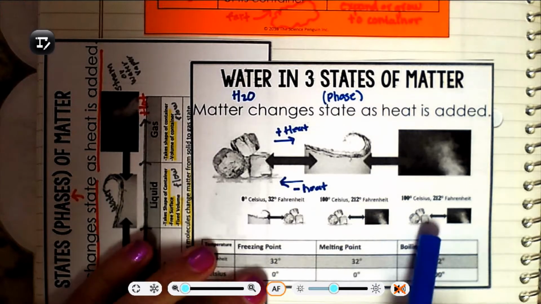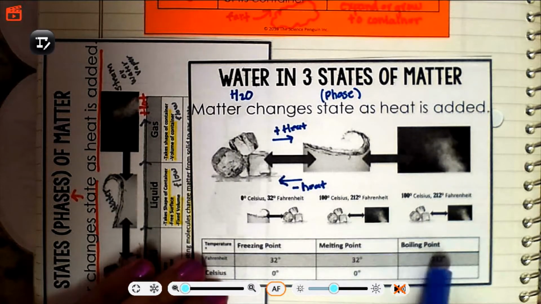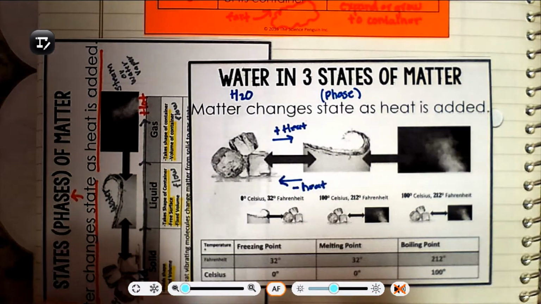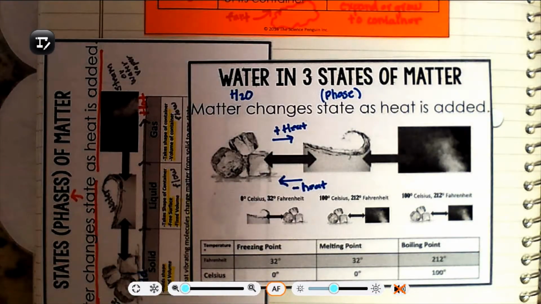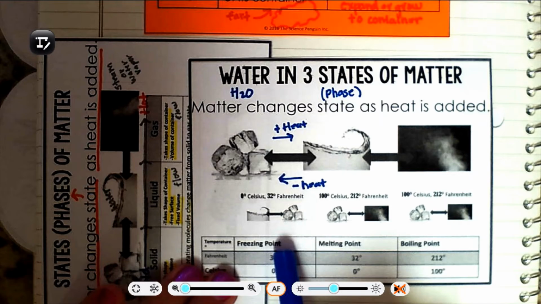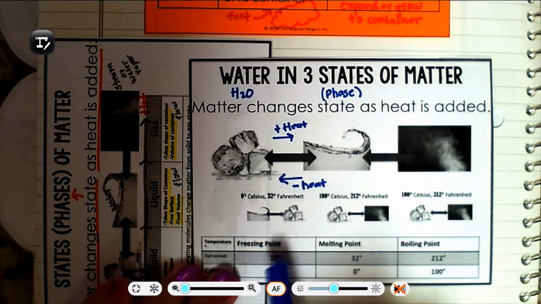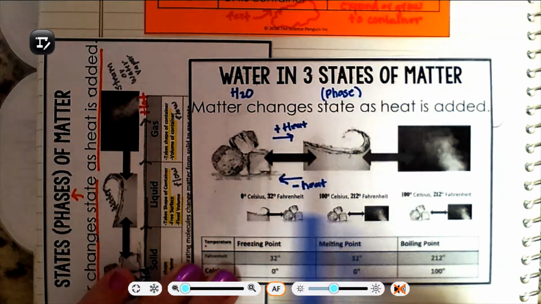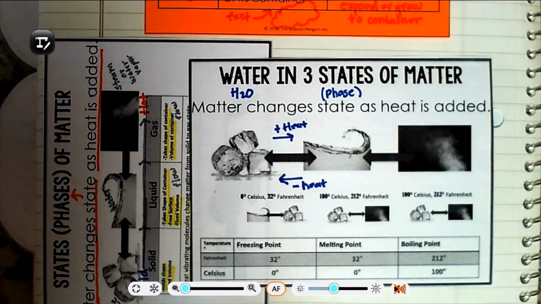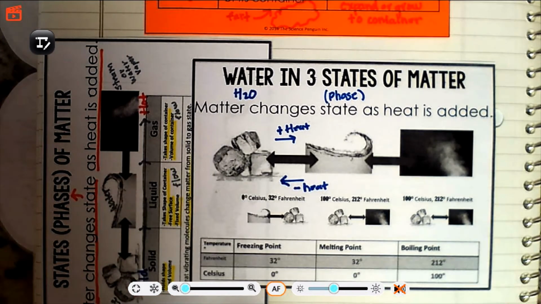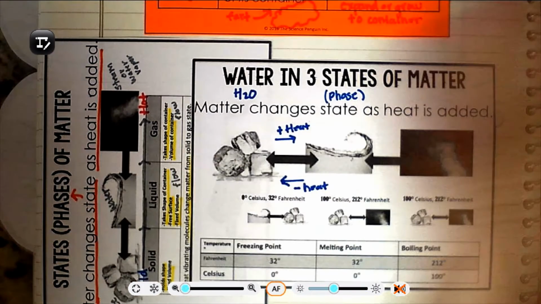So for water, its freezing point, which is what we're going to start talking about next, is at 32 degrees Fahrenheit. So when you hear them saying on the weather, like it's going to be below 32 or below freezing, so we might get snow, that means it's below the freezing point. Funnily enough, the melting point is the same thing, but it just depends on which direction we're looking at. So ice starts turning into water also at 32 degrees. Depends on if we're getting hotter or we're getting colder.